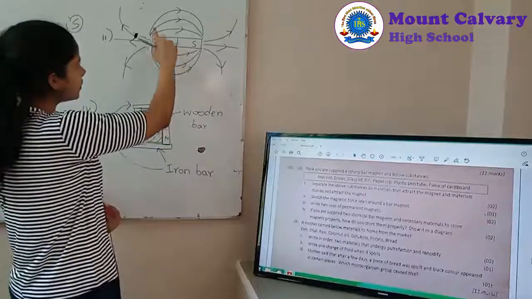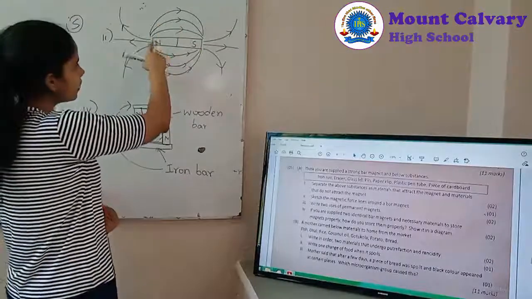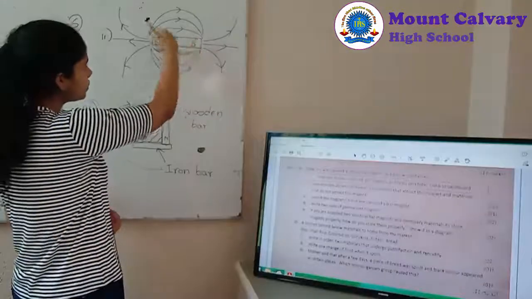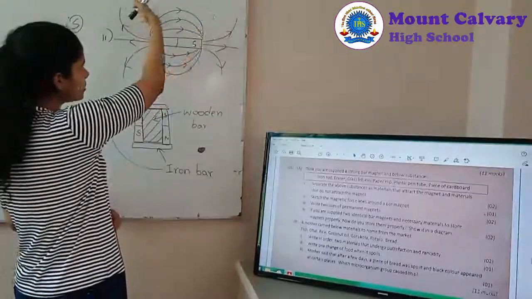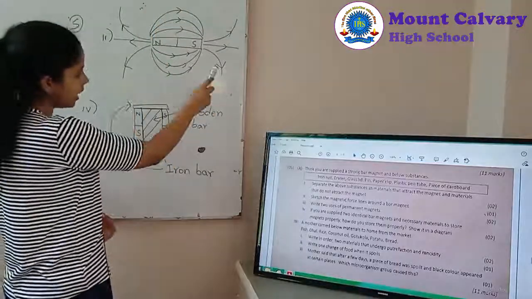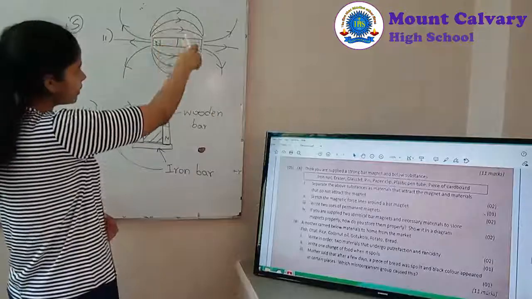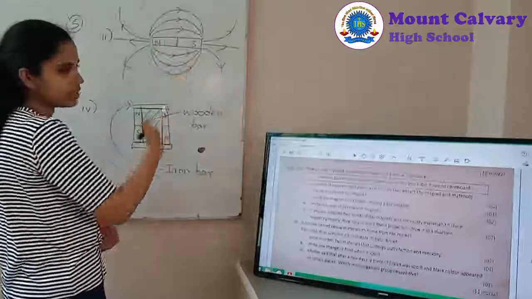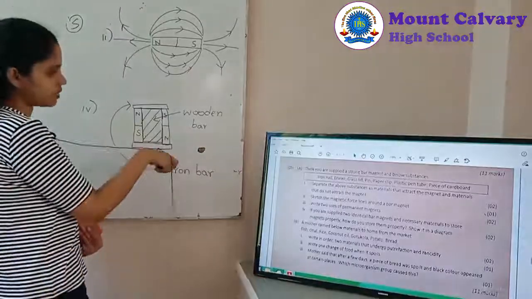Now you can see the magnetic field is always flowing from the north pole to the south pole. Here, north pole to the south pole, the magnetic field is flowing, right? Likewise you have to draw the magnetic lines from a bar magnet like this. This is the magnetic field around a bar magnet.